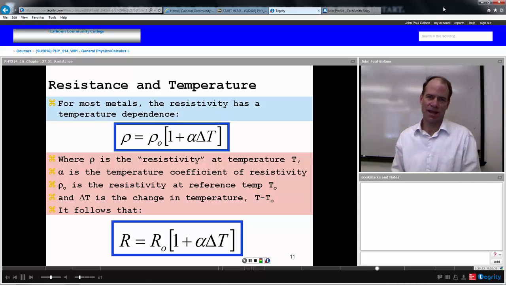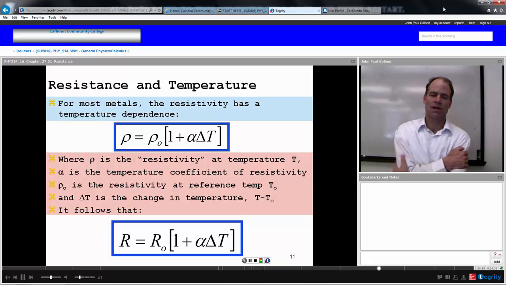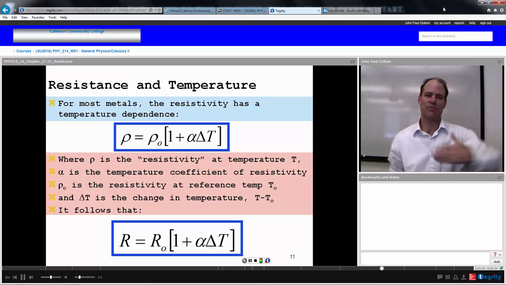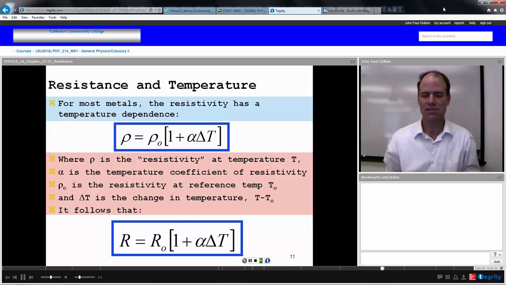On the other hand, if the temperature goes down and got really cold, maybe approaching absolute zero, all these other components are actually just frozen there, and you can find a path through much more easily. So the resistance goes down as the temperature goes down.